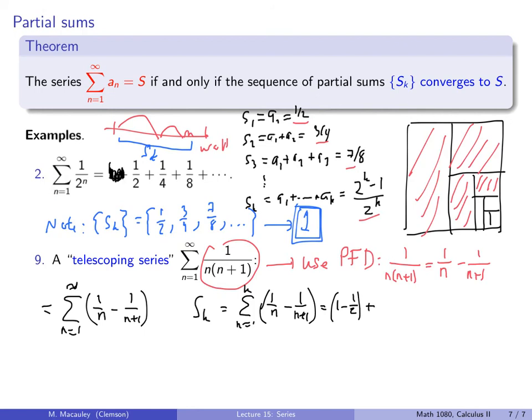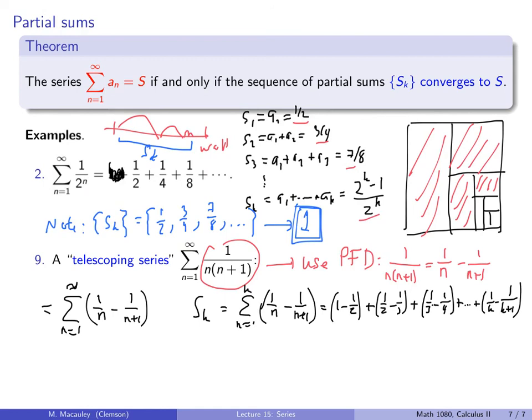The next term is 1/2 minus 1/3. Then we have 1/3 minus 1/4, and so on, and the last term is going to be 1 over k minus 1 over k plus 1.